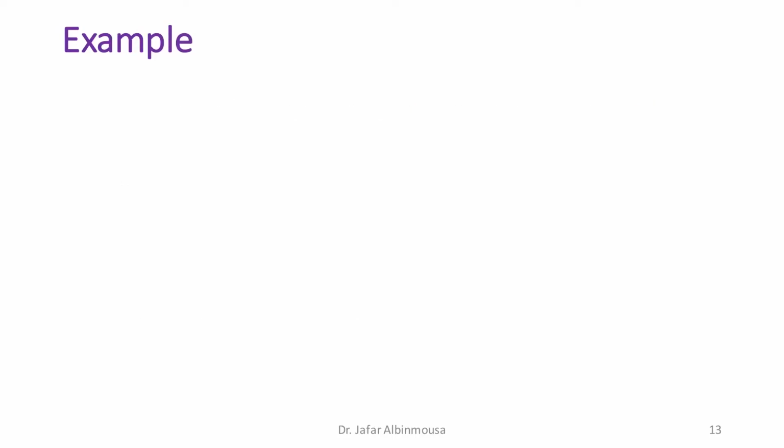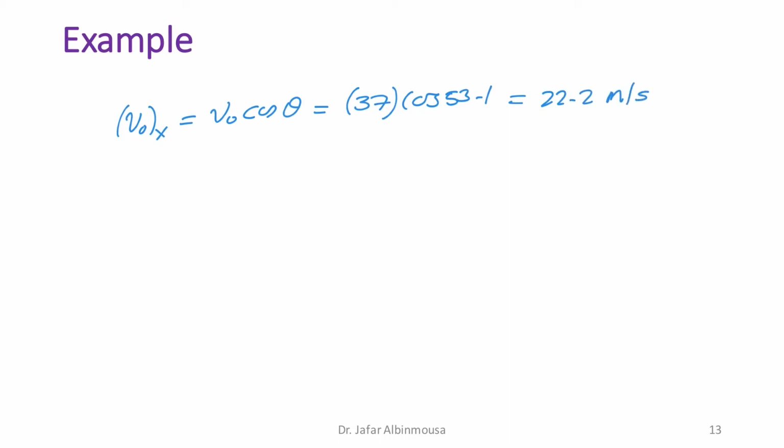So we start by calculating the initial velocities of the ball. v0x is equal to v0 cosine theta, which is 37 meters per second multiplied by cosine 53.1, which is equal to 22.2 meters per second.